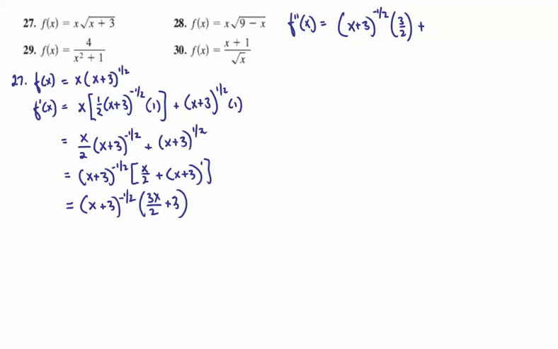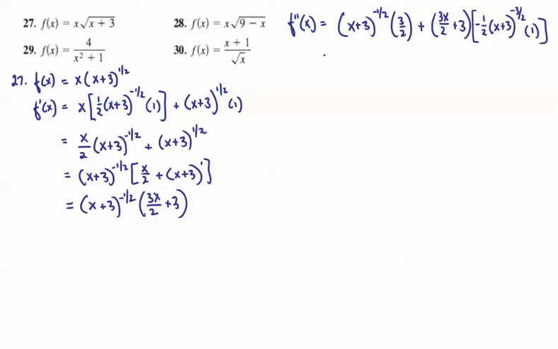Alright, so we have 1 d2 plus 2, which would be 3x over 2 plus 3 times the derivative of the first, which will be negative 1/2 (x plus 3) to the negative 3/2 times the derivative of the inside, which is just 1.